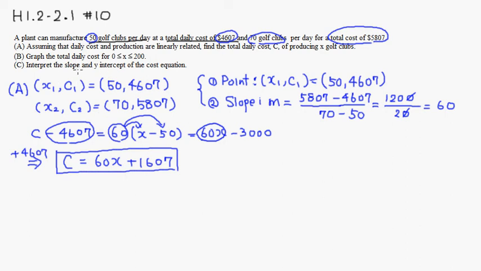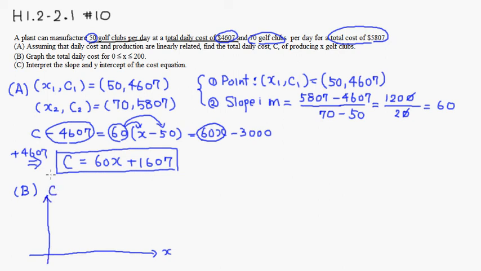Now for part B, we just want to sketch the graph. To sketch the graph, we want to know the starting value and the ending value. So x is going to go from 0 to 200. This is the x-axis, and the c-axis right here, since this is the cost function.